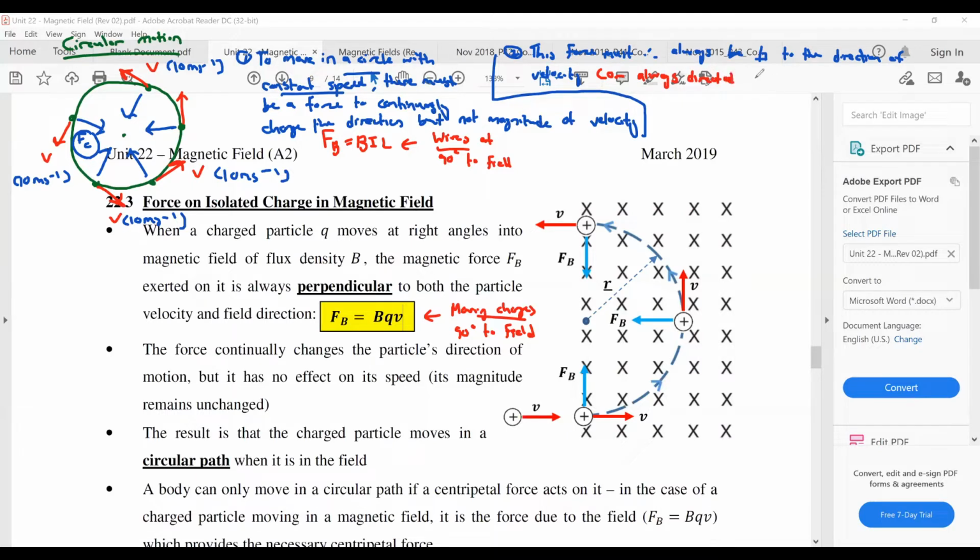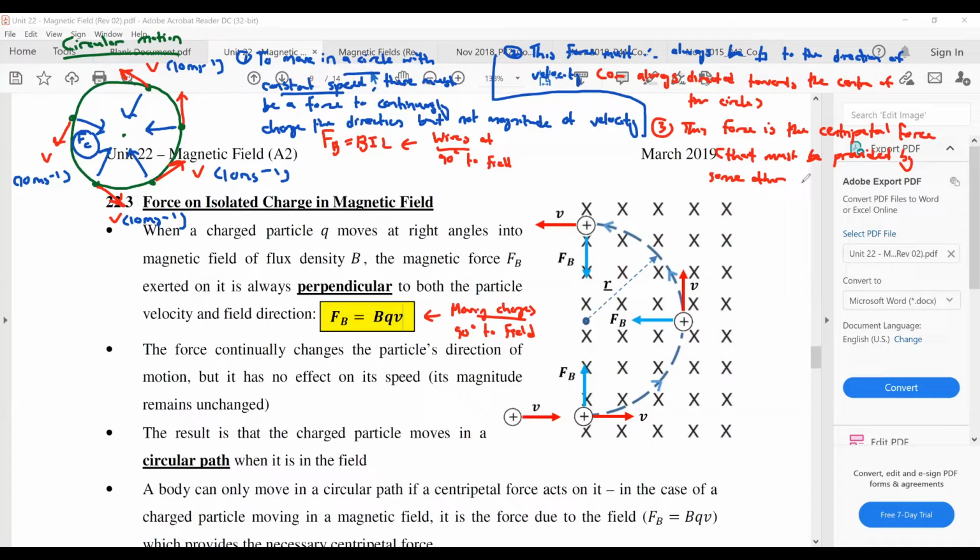This force is the centripetal force, which must be provided by some other existing force.